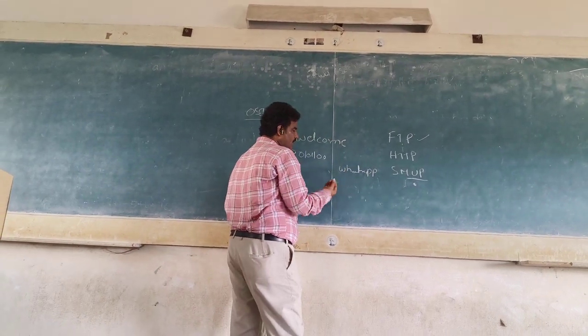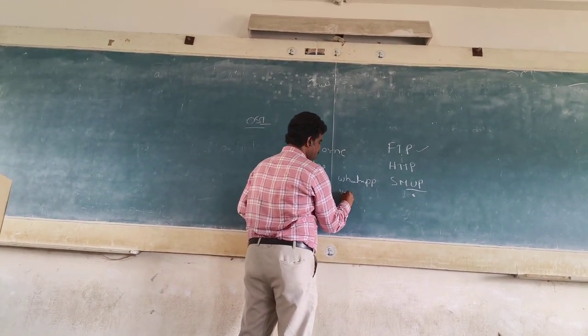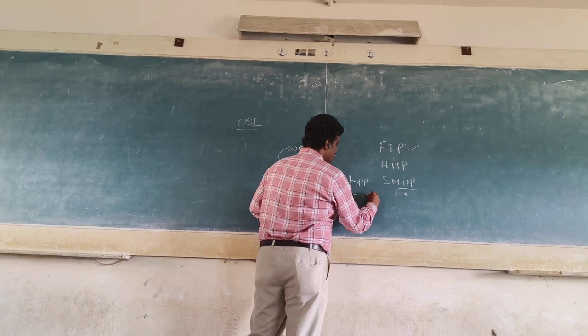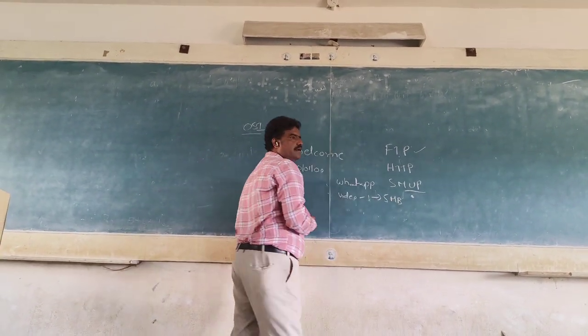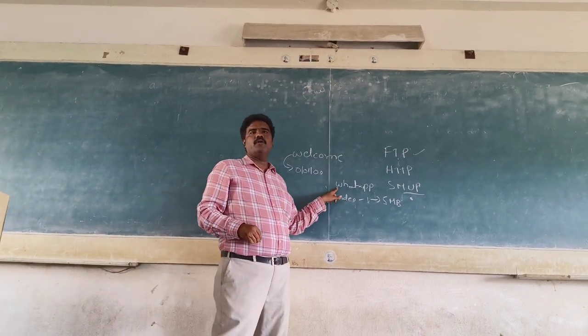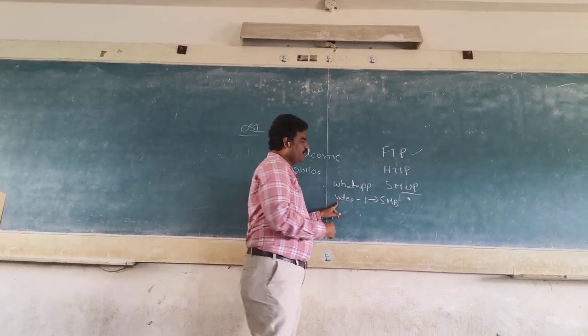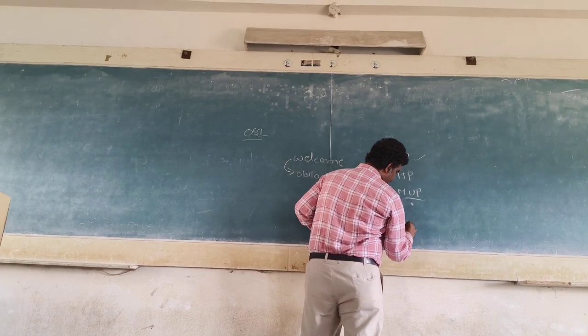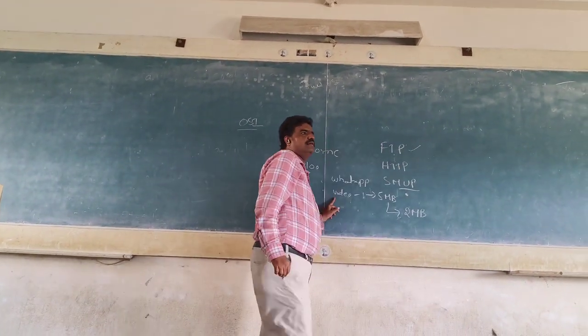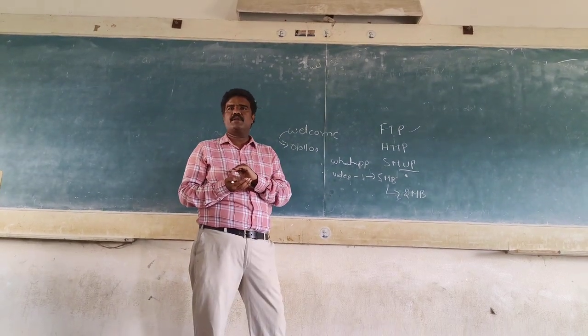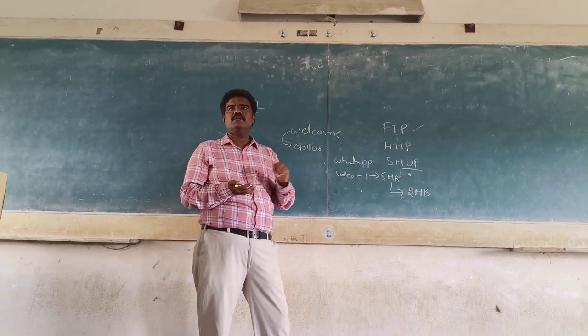I want to send one video, and the video size is 5 MB. When I send this WhatsApp video, instead of sending 5 MB, I send a 2 MB compressed file. Who does this in the presentation layer?